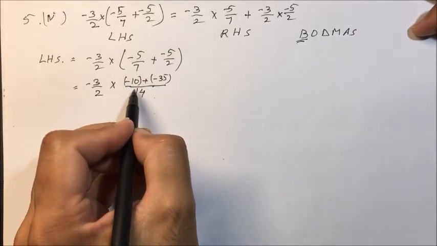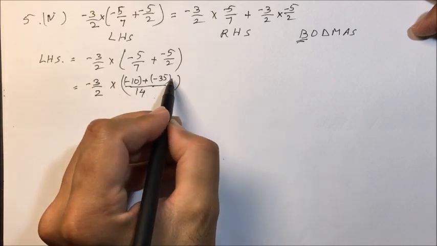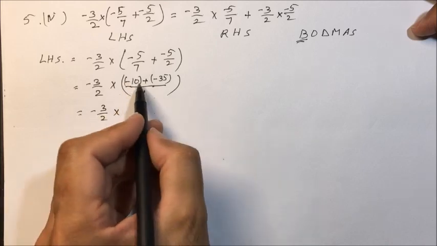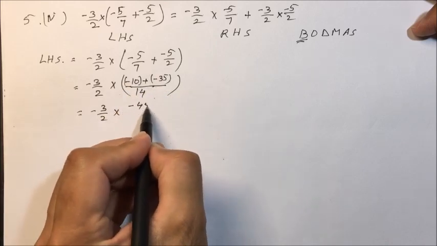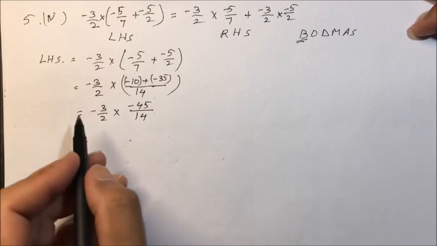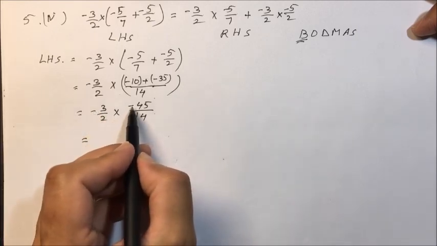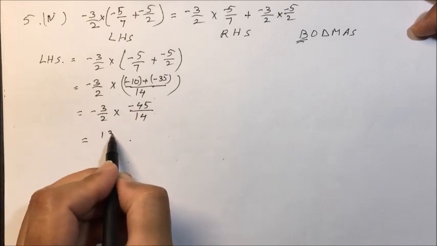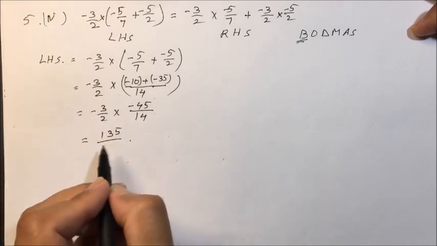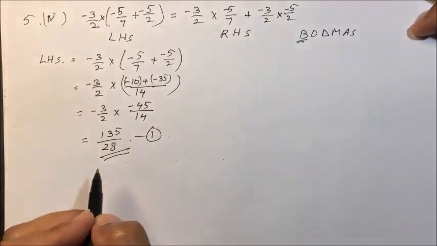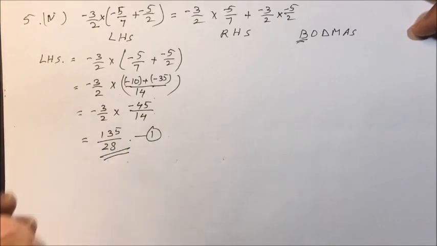So minus 10 plus minus 35. Next step will be minus 3 upon 2 into minus 45 divided by 14. Minus minus get cancelled. 3 into 45 is 135, 2 into 14 is 28. So the left hand result we got is the first answer.